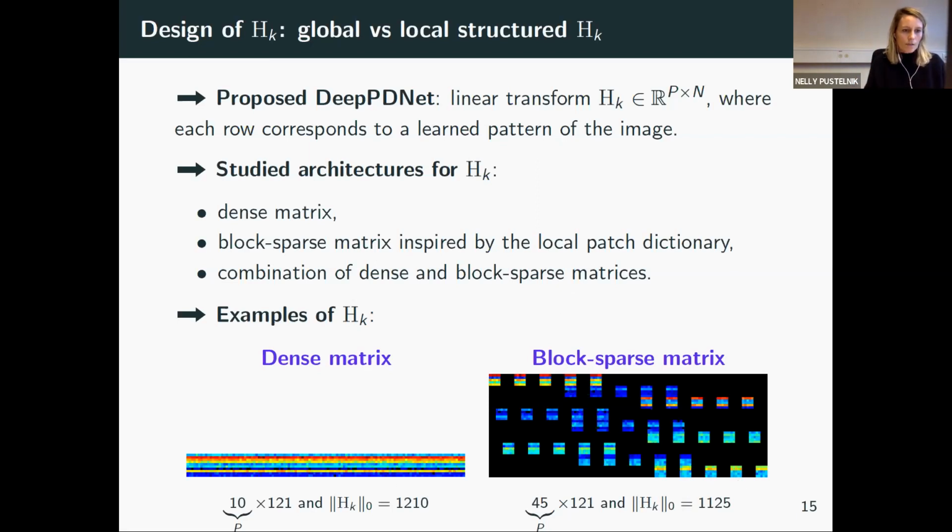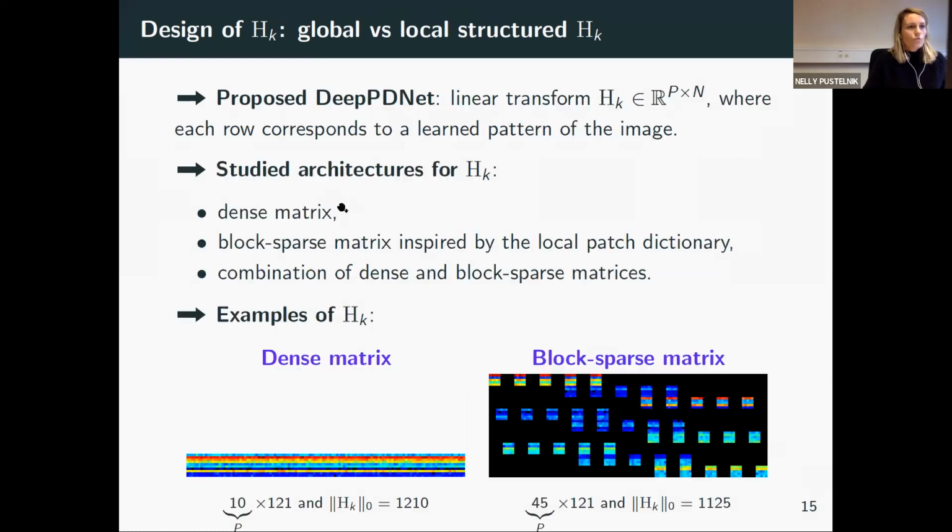In that case, you obtain a matrix HK of size 45 times 121, and the number of non-zero coefficients is of the same order as for the dense matrix. So you have different kinds of configuration, and the results will probably be different, so we want to have a look at it.